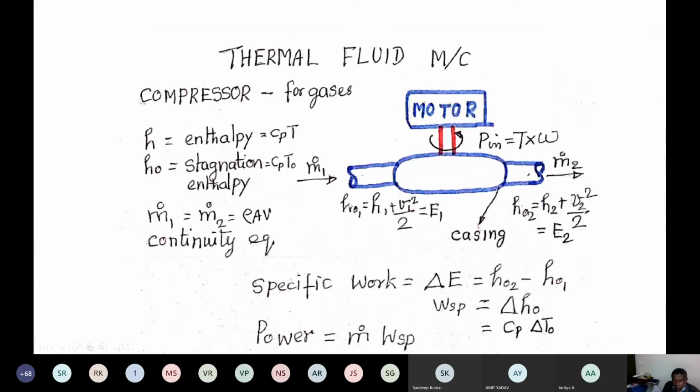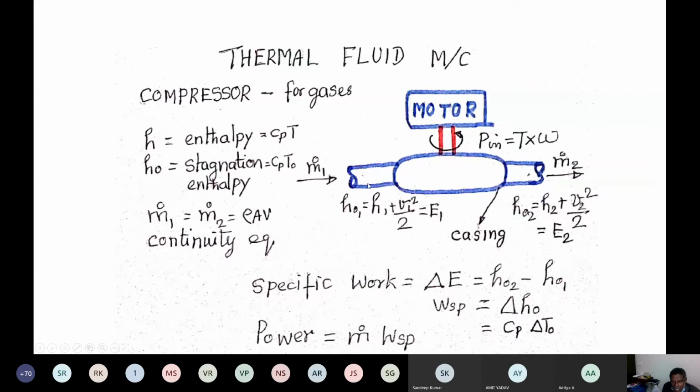So next we are going into the thermal fluid machines. We have taken the case of a compressor where the medium is a gas. Again, it is a shaft power absorbing machine. So you have the input power P in equal to torque into angular velocity.